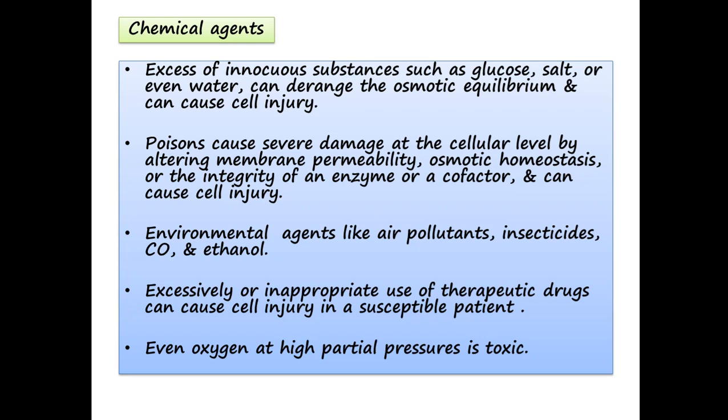There are certain poisons that cause severe damage at the cellular level, and they either act by altering the membrane permeability, the osmotic homeostasis, by causing derangements in the sodium-potassium ATPase pump, or they may affect the integrity of an enzyme or a cofactor and can cause cell injury.